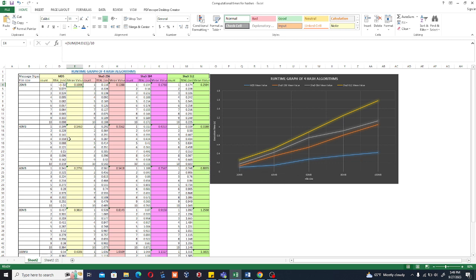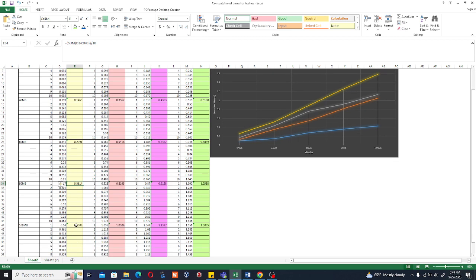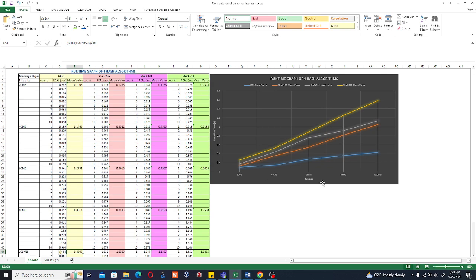At 40 the time begins to increase, at 60 it is 0.27, and so on. We can also see this happening the same way for the various SHA algorithms, SHA-3 256, SHA-384, and 512. They all increase linearly as the file size increases.